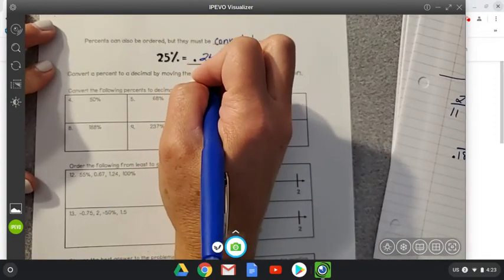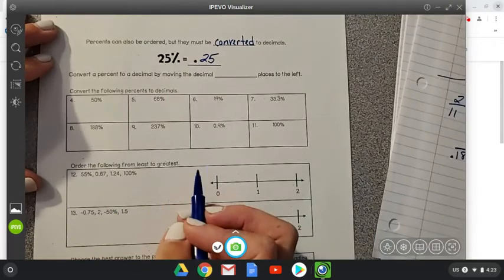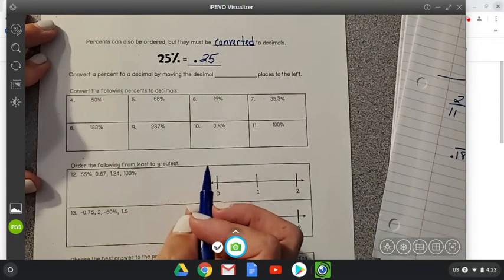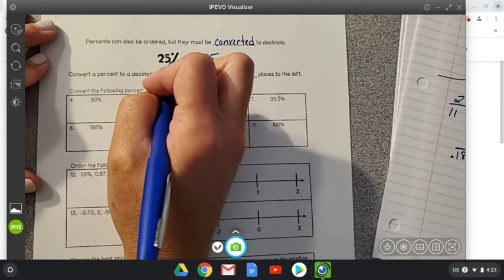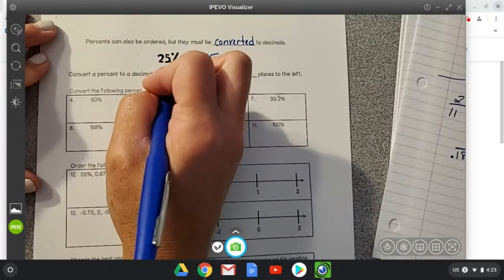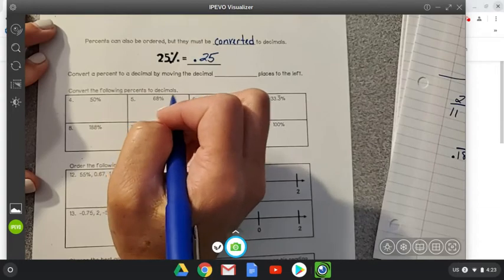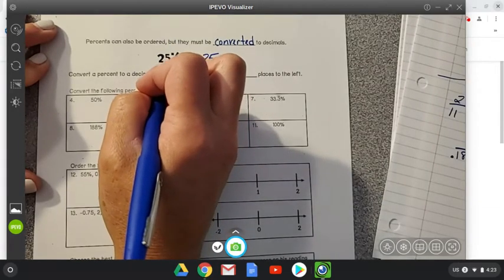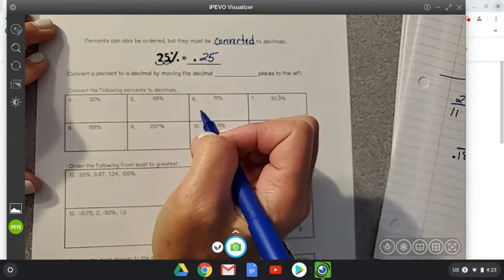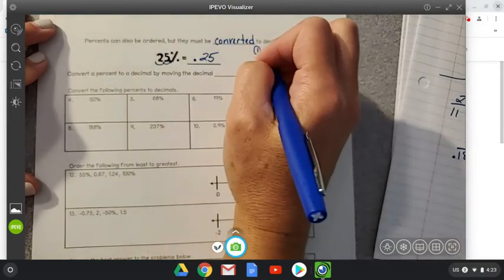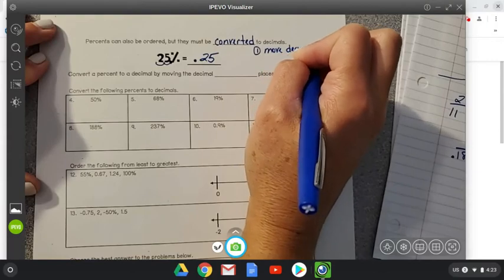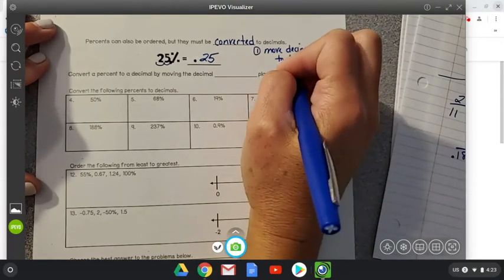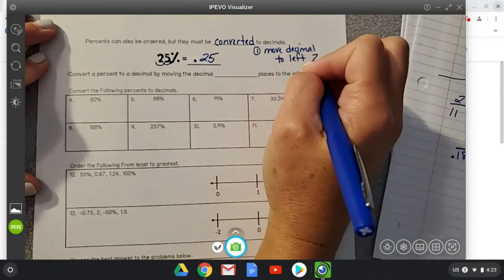There are 2 ways to do this, and I'm going to show you both ways. The first way is to put your decimal at the end of your whole number and move it to the left 2 spots, 1, 2. So that makes 0.25. So the first way is to move the decimal to the left 2 times.